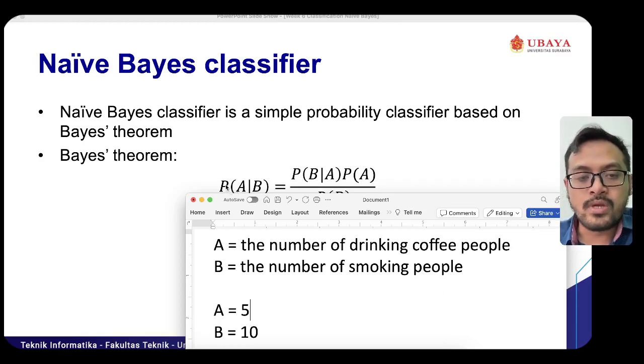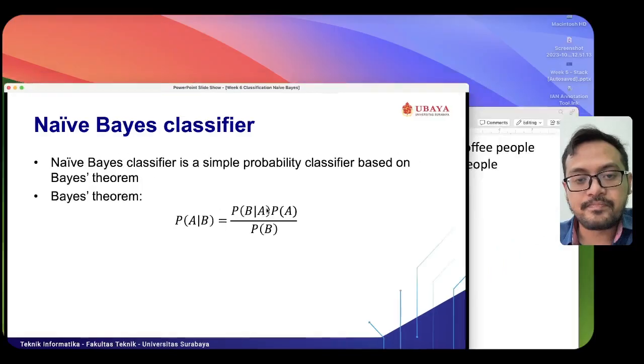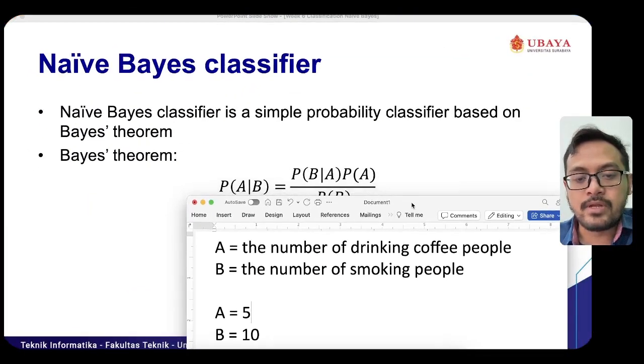So we read this equation as P(A|B), the probability of A given B events. We calculate the probability inside B, which is the number of smoking people, that the smoking people are also coffee-drinking people.